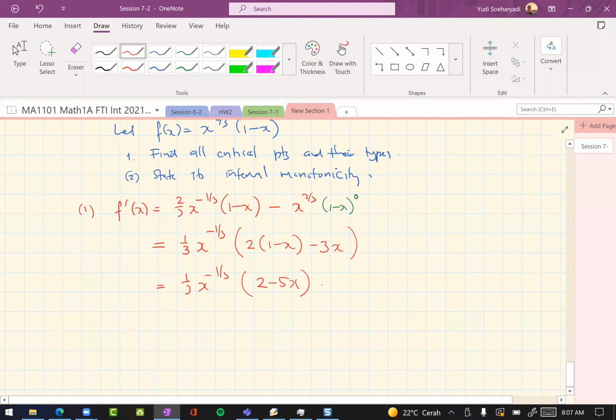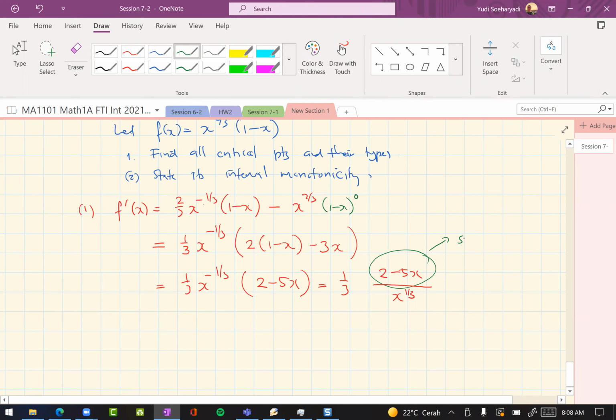And of course, you can write this down as a fraction, and this determines when f prime is 0, meaning the numerator is 0.